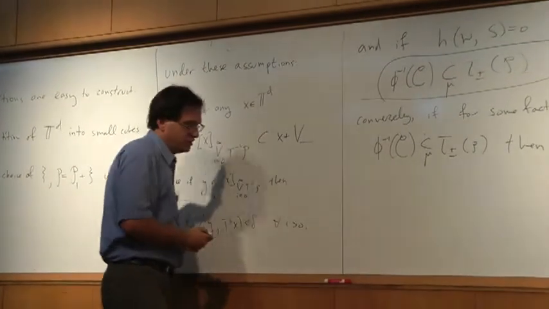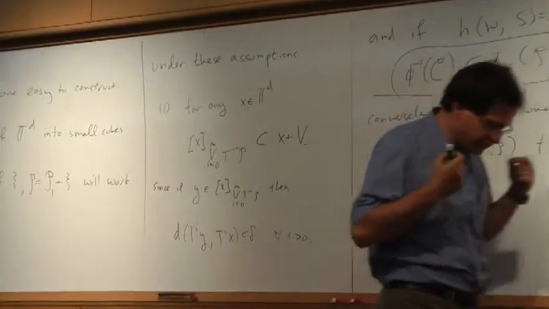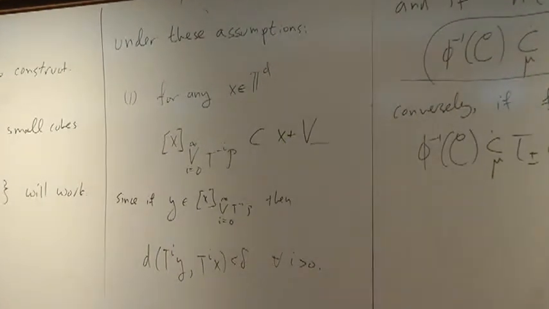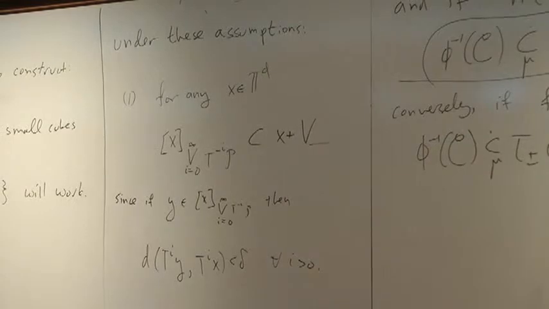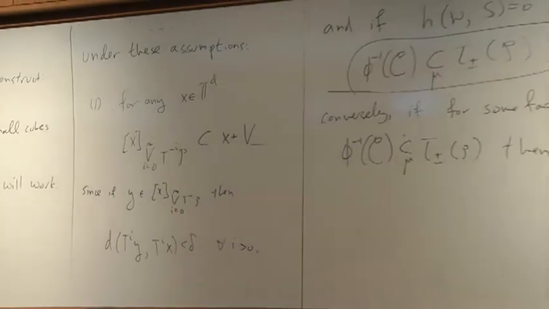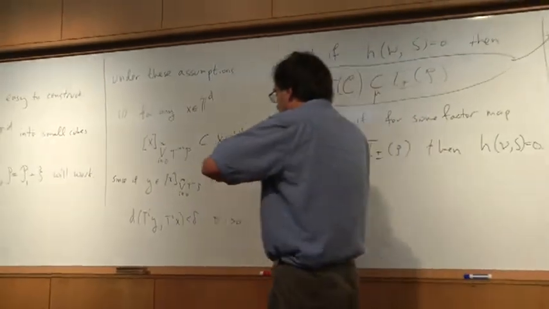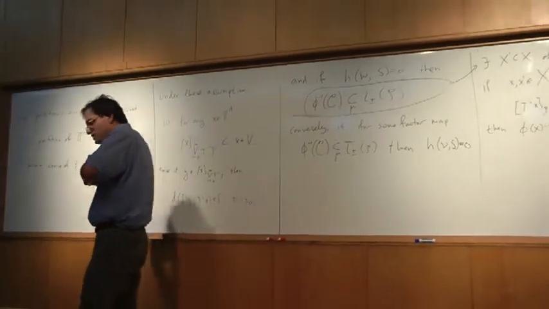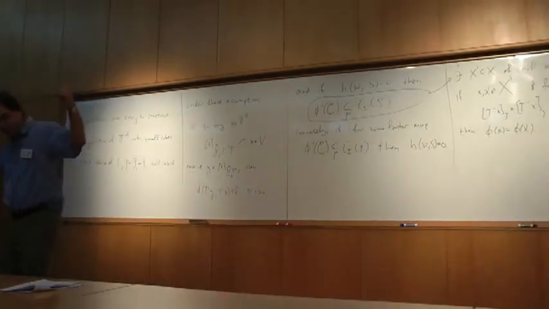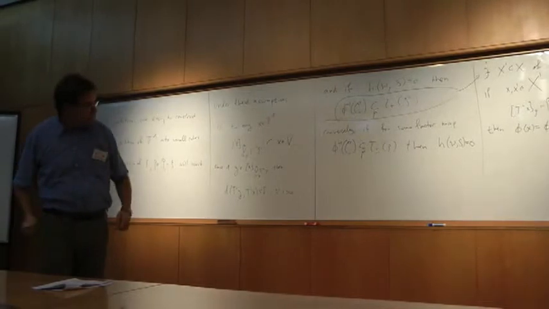And if delta is small enough, then this would force the points to be on the same stable manifold. Otherwise, they would differ in the unstable manifold: when you apply enough T to the i, suddenly they would be different by, I don't know, at least a quarter distance or something.